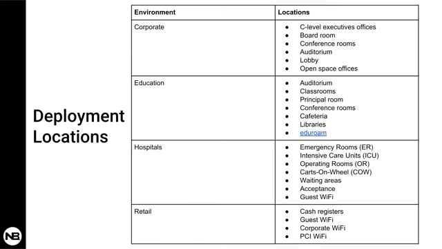And then education, maybe you want one or more sensors in an auditorium, one or more in classrooms, and so on. And then hospital. So I think this slide is pretty self-explanatory.